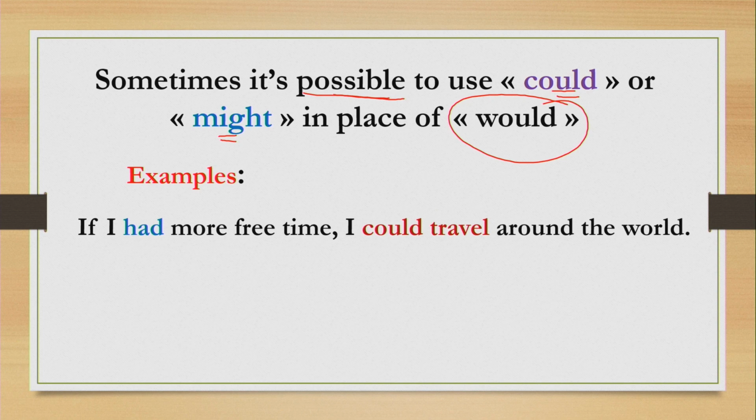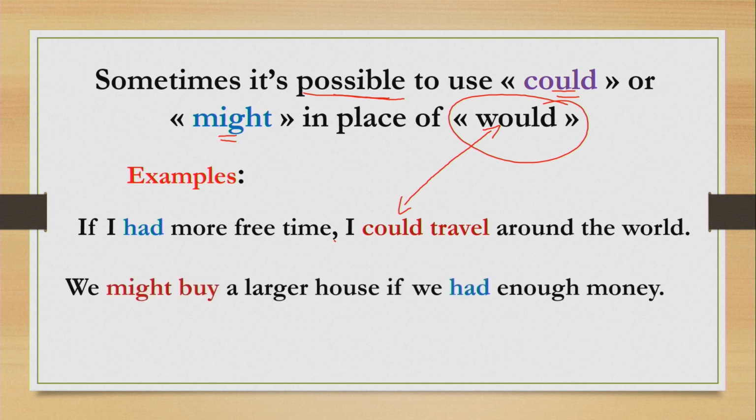Let's consider this one: "If I had more free time, I could travel around the world." We can use "could" or we can use "would" as well, which means we don't have a fixed rule. Both ways are correct: "I could travel around the world" or "I would travel around the world."